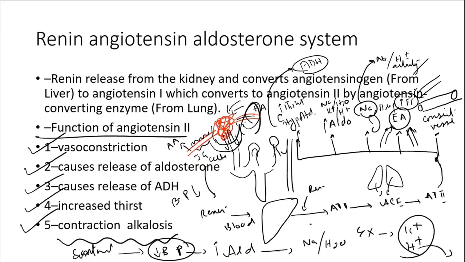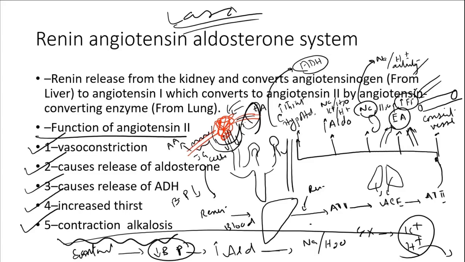So when the hydrogen is lost from the kidney, that will cause alkalosis. That's why you can also call it contraction alkalosis, which happens with low blood pressure. So let's say if someone is taking Lasix or any diuretic and you check their blood work, if their bicarb is high, this is because of contraction alkalosis caused by Lasix, or it can happen because of dehydration. So any state of dehydration can lead to contraction alkalosis.